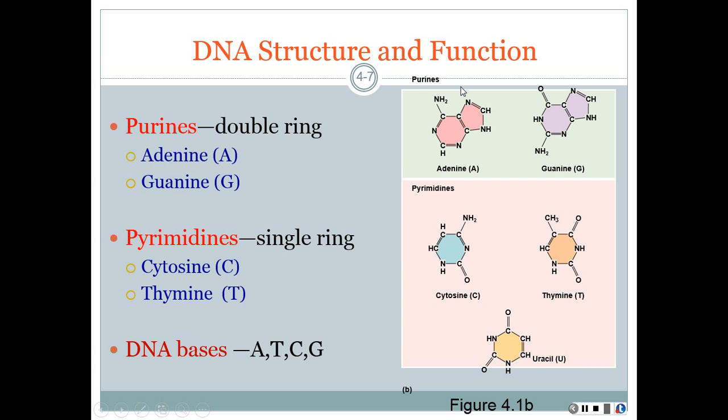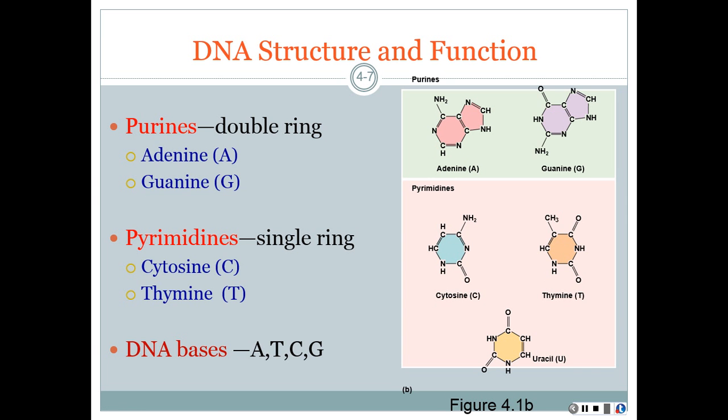So basically we have two types of nitrogenous bases. The first type is our purines, adenine and guanine, and the second type is our pyrimidines, which are cytosine, thymine, and uracil. Yes, the pyrimidines have a single ring. The purines have a double ring.